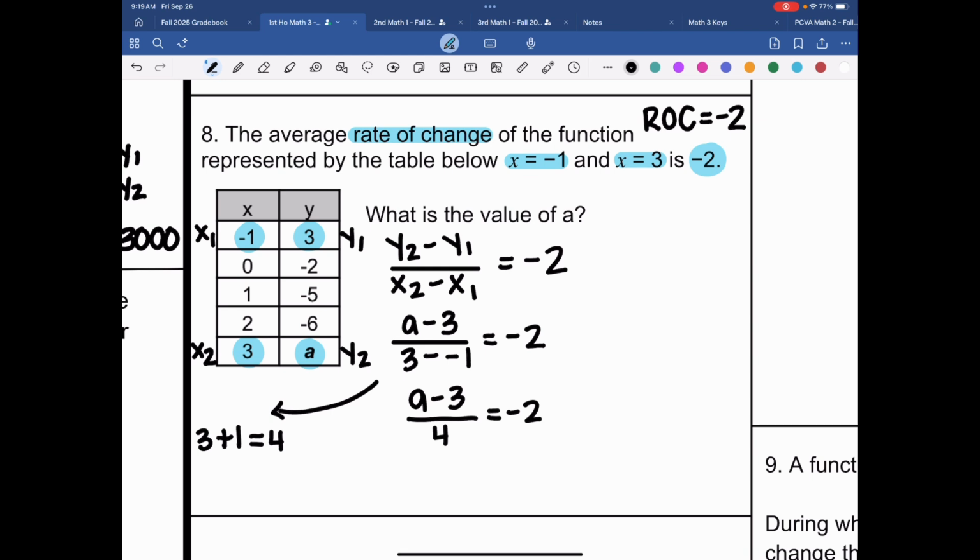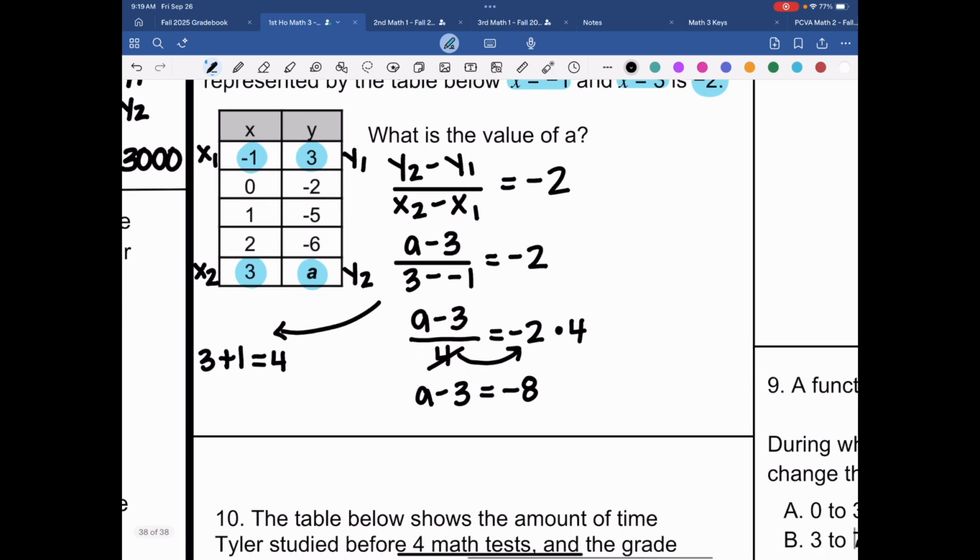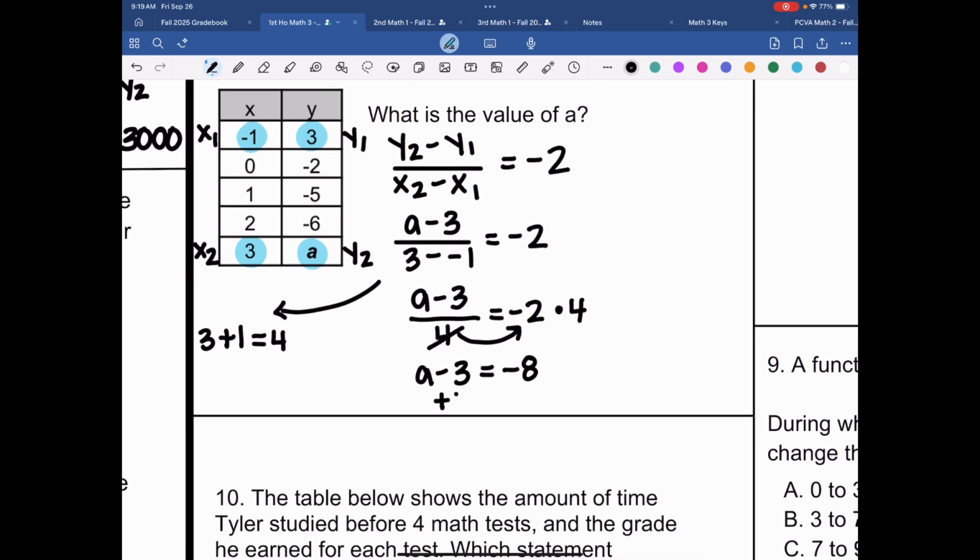We're going to solve this just like with any other equation that we've done previously. We're going to multiply that 2 over, so I have a minus 3 equals negative 8. And then finally, I'm going to add 3. So my missing a value is negative 5.